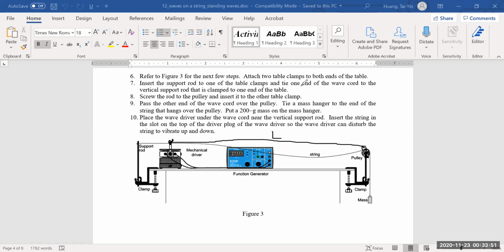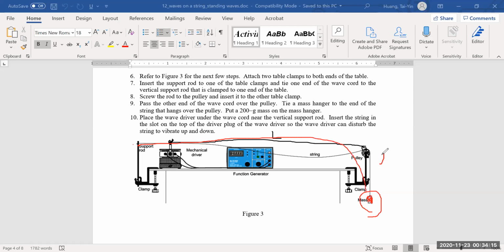Then the tension: we need to know the tension in the string in order to figure out the theoretical value of velocity. The tension comes from this; we're going to put mass on this, and it provides the tension. The total length of the string goes from this point all the way to here.